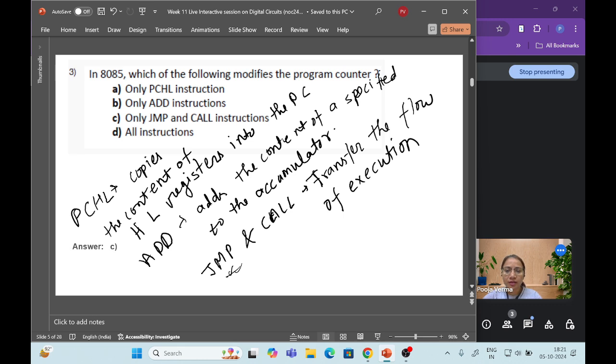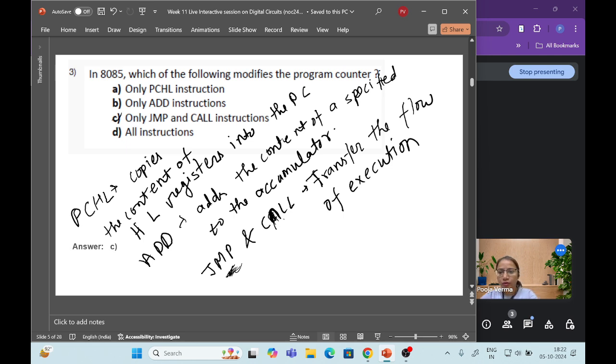That means, for example, JMP is a jump instruction. When CALL is executed, the program will be transferred to another location. In that case, the program counter is modified, because the program counter points to the address of the next execution, right?